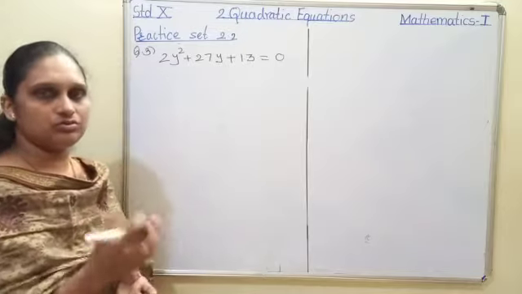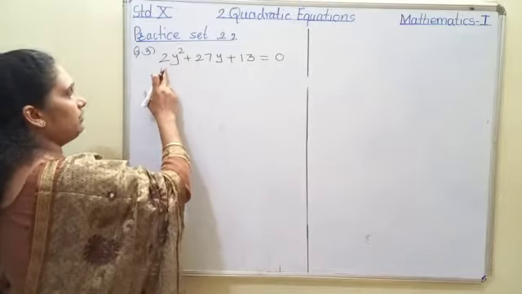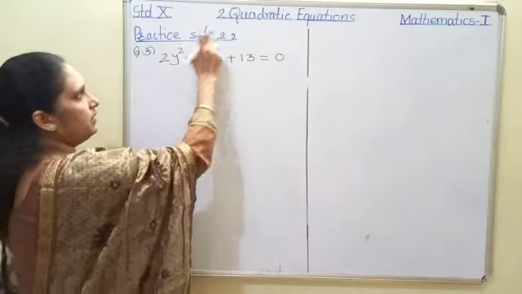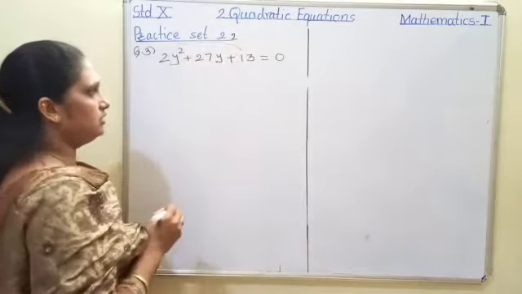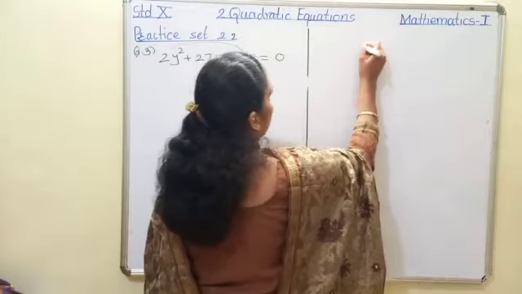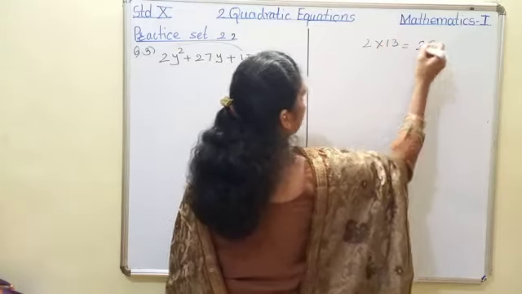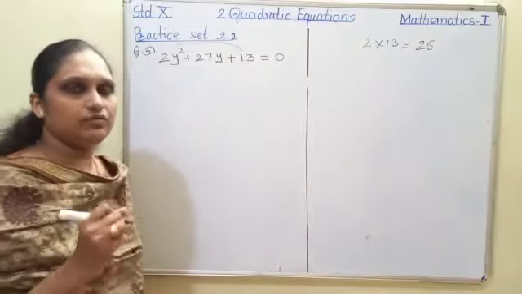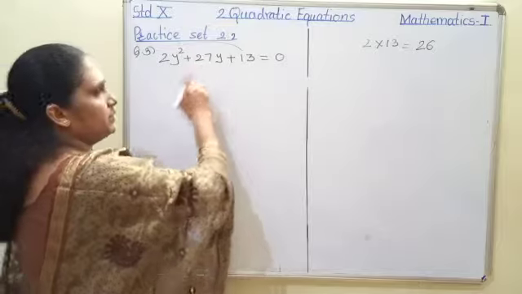Here y square has a coefficient, and that will be multiplied with the last term. So 2 into 13: 13 2s are 26. Now we have to find the factors of 26 whose difference is 27.